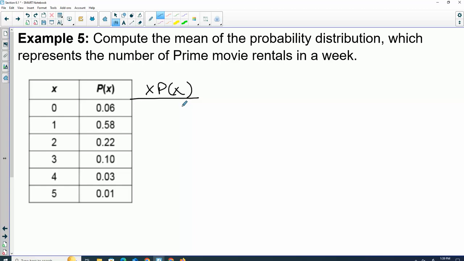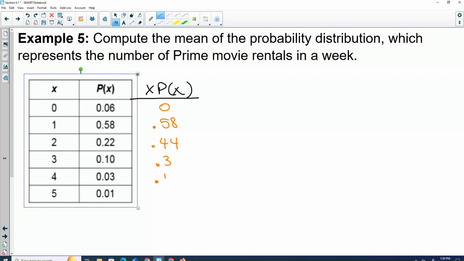So I'm doing 0 times 0.06 is 0. 1 times 0.58 is 0.58. 2 times 0.22 is 0.44. 3 times 0.1 is 0.3. 4 times 0.03 is 0.12. And 5 times 0.01.